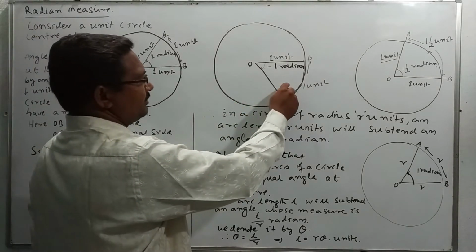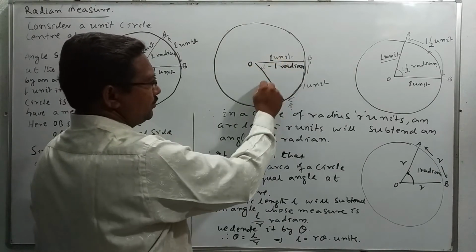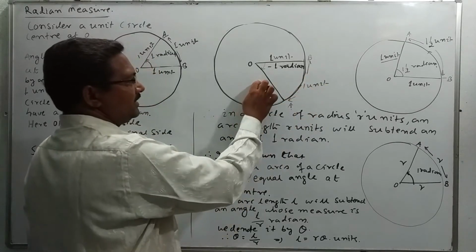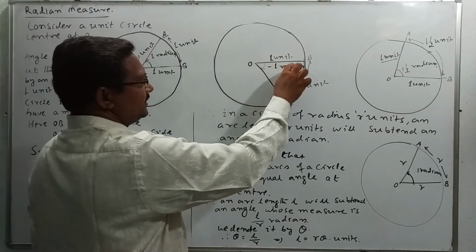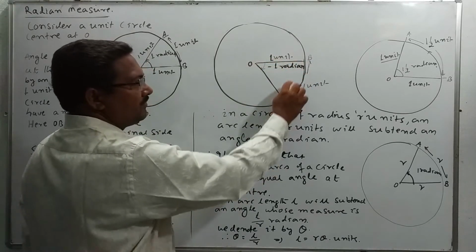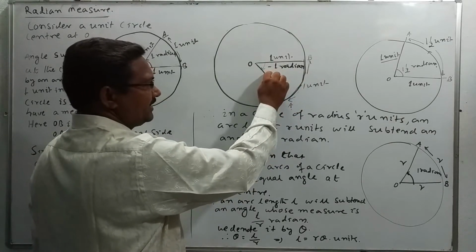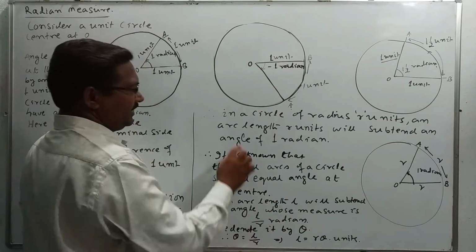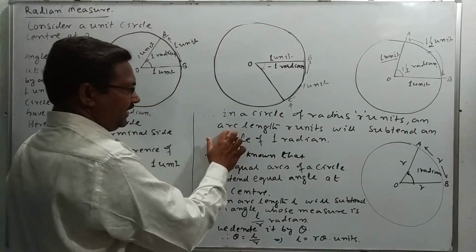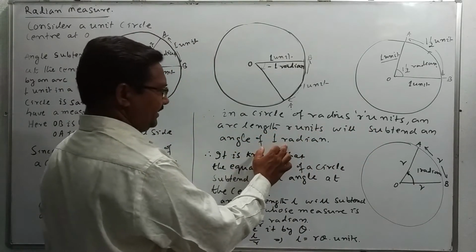Similarly, come to another circle. Here, the unit circle is centered at O with radius 1 unit and the arc length also 1 unit. Here OB is the initial side and the terminal side is below the initial side. That's why this angle subtends minus 1 radian. In a circle of radius r units, an arc of length r units subtends an angle of 1 radian.